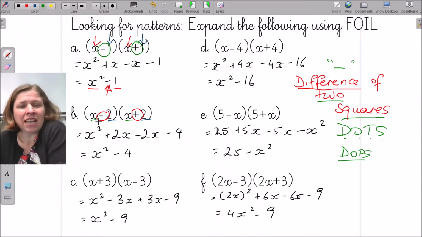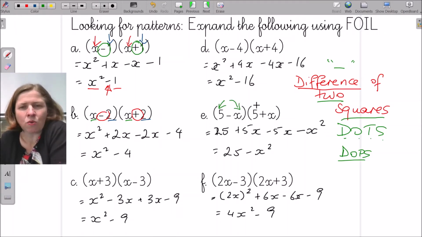So if I look at the second one, I've got the x squared, I've got the 2 squared, and I've got the subtraction in between. In example C, this x is squared, this 3 is squared, and I've got the subtraction in between. In this one, I've got the x squared and the 4 squared and the subtraction in between. Now, don't be fooled by the fact that in example E, my 5 is first and my x term comes second.